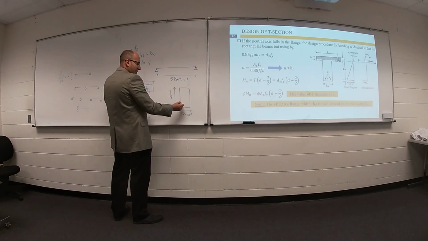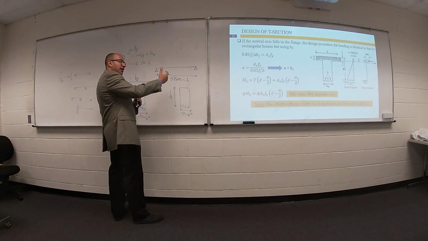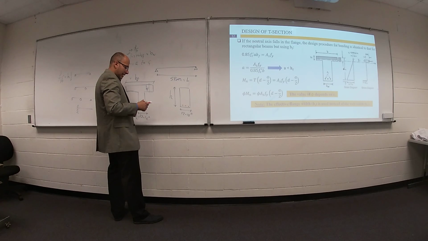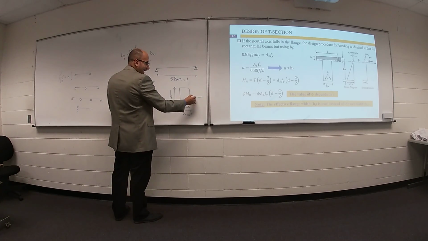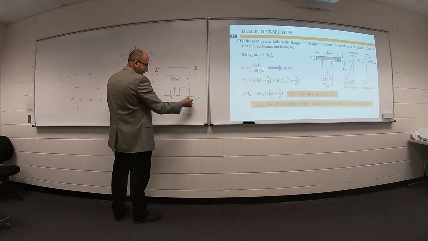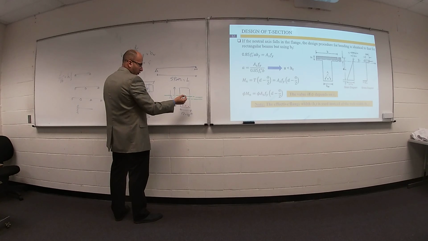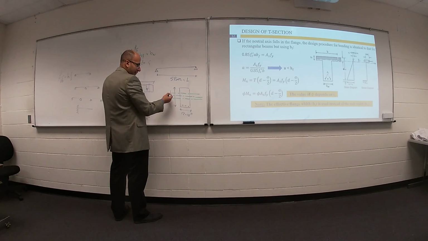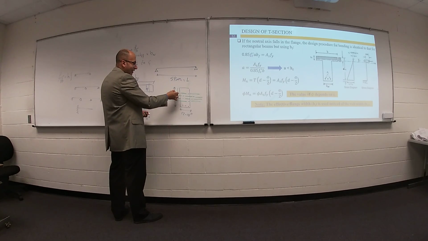Yeah, we have tension on one side and compression on the other side. That's right? In between, what do you have? Neutral axis. Perfect. Your neutral axis is here, or here, or here, or here. I don't care. You have a distance C.